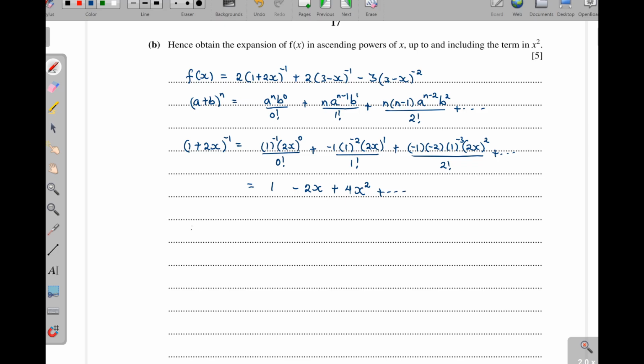Then we also go to 3 minus x, then to the power of negative 1. Now here we shall have 3, then power negative 1. Some people do this. They take away the 3 here, then they have 1, then minus x over 3, like that. And then they have 3 power negative 1, then times.